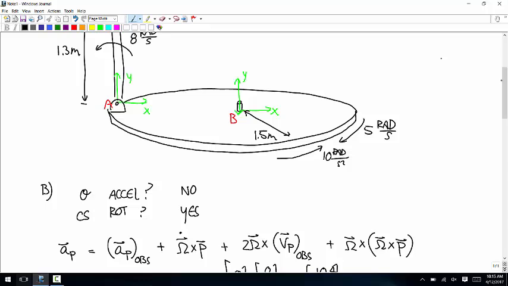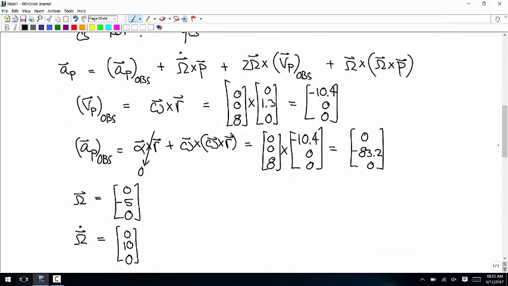But a position vector is always from the origin of the coordinate system. And so you have to go 1.5 in the negative x direction and then 1.3 in the positive y direction. If you forget to do that, that's probably the most common reason you can't make these answers match up. So position is negative 1.5, positive 1.3.